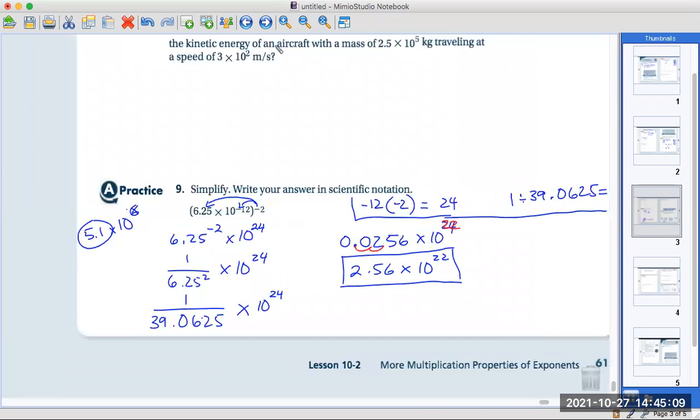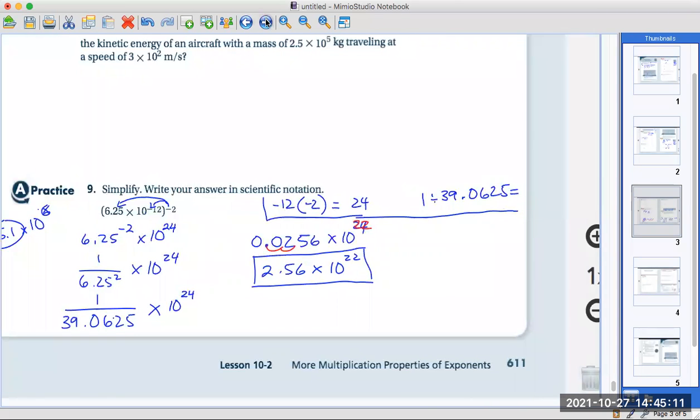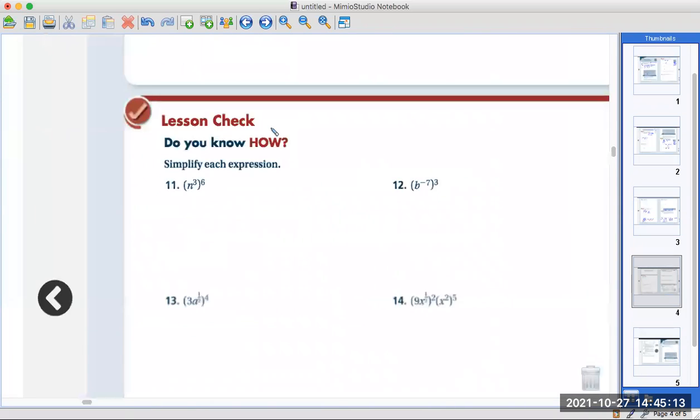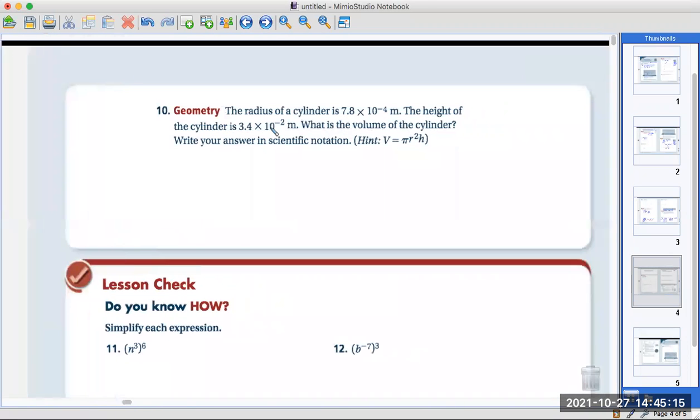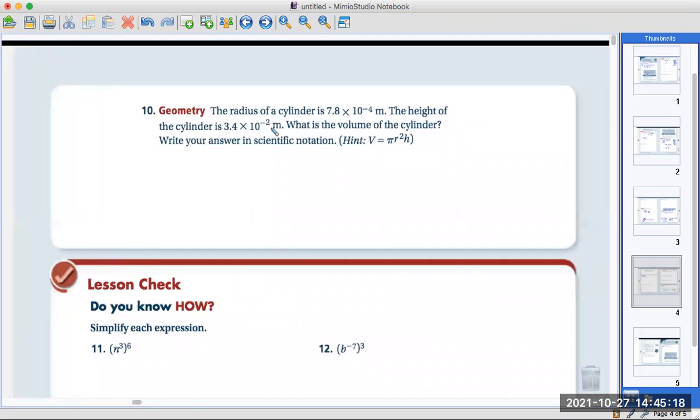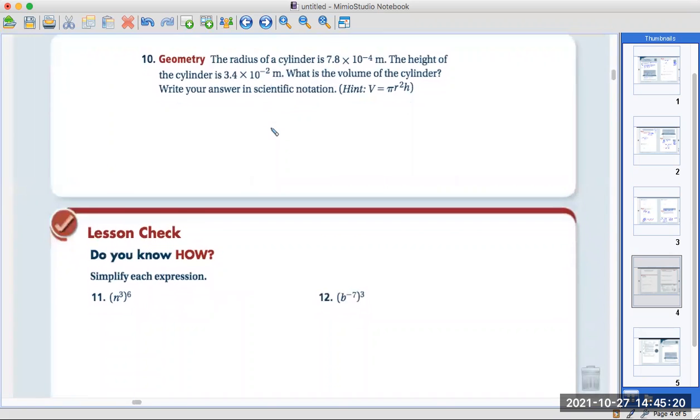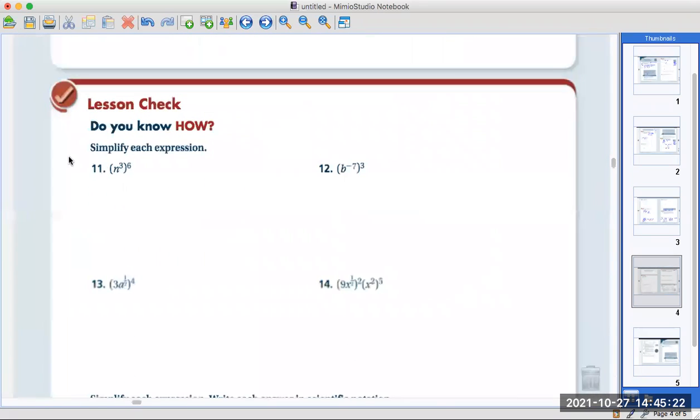And then we have, I believe that's this page. And then we have the homework. So we're starting with number 11 and number 12, 15 and 16.